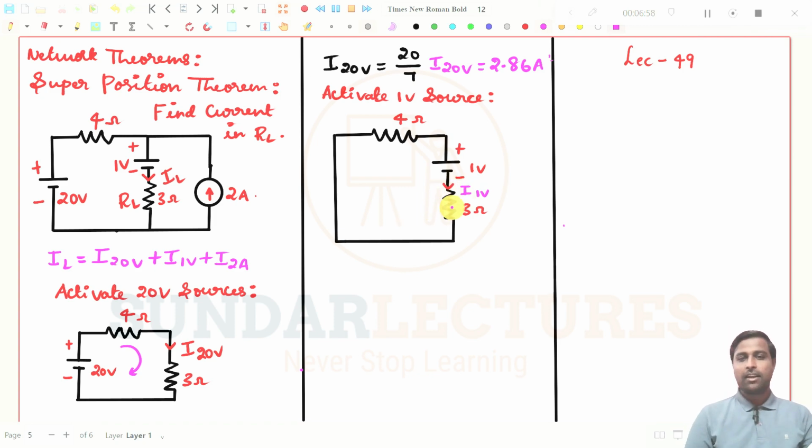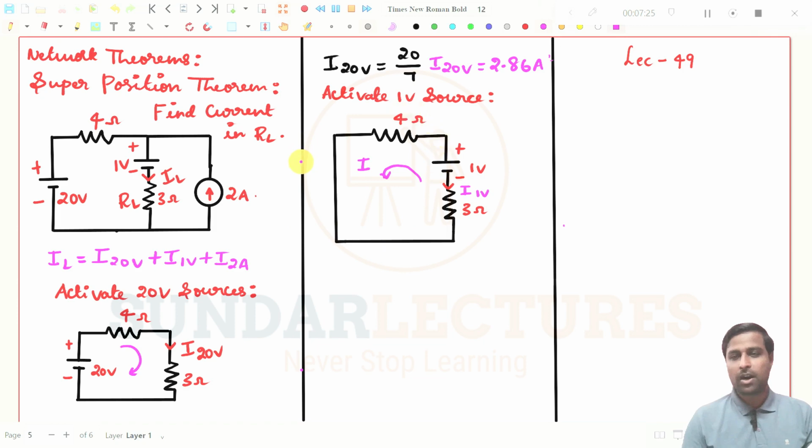But your natural current will flow in the opposite direction, because your 1 volt source is here. It should flow in this way, maybe this is I in this particular loop.